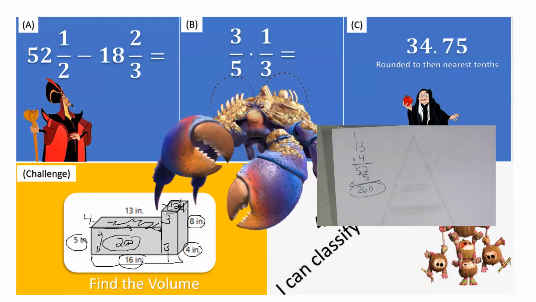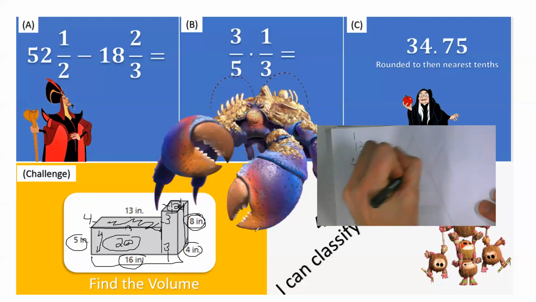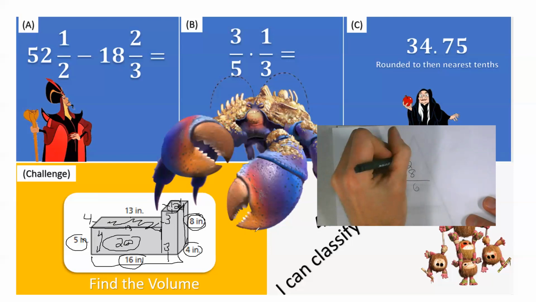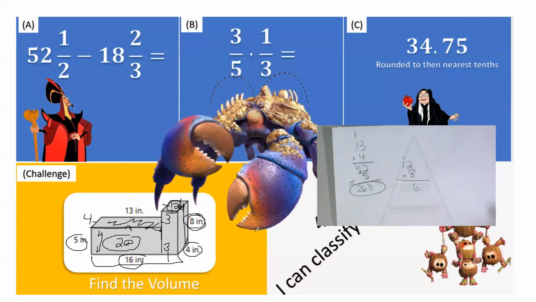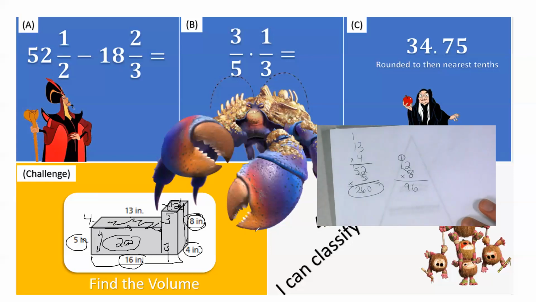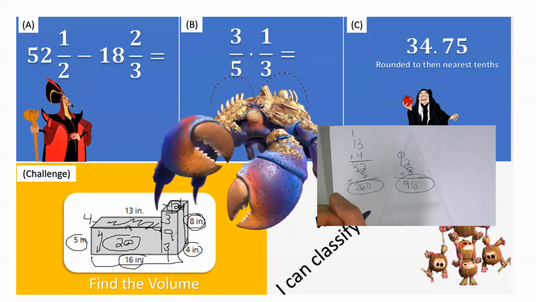And 12 goes up and down 8. So 12 times 8. Twelve times 8 is 96. So I take this volume, which is 96, and I add it to this volume, which is 260.